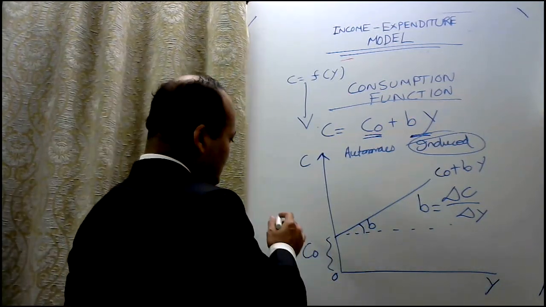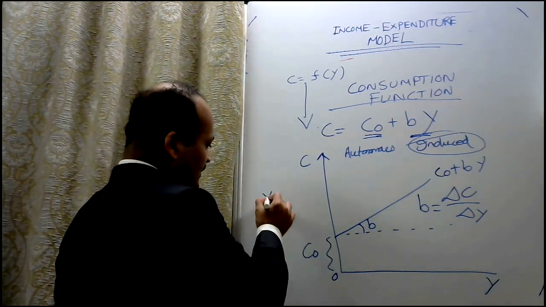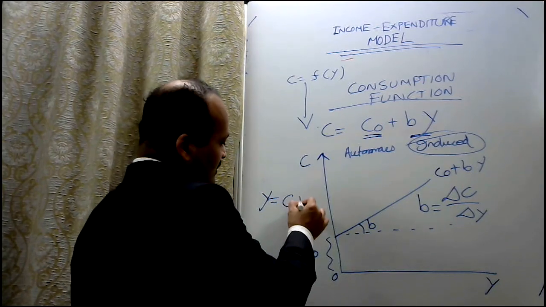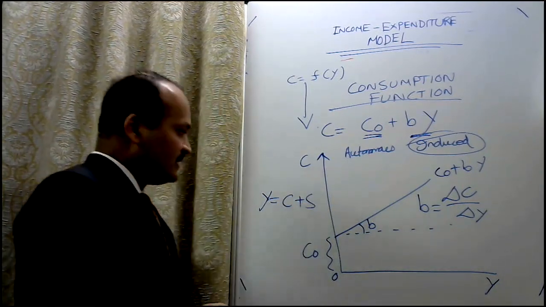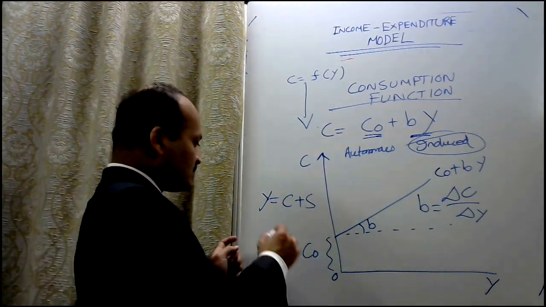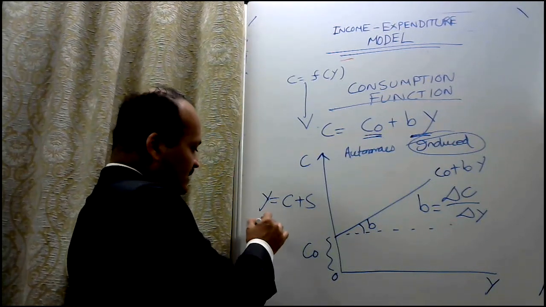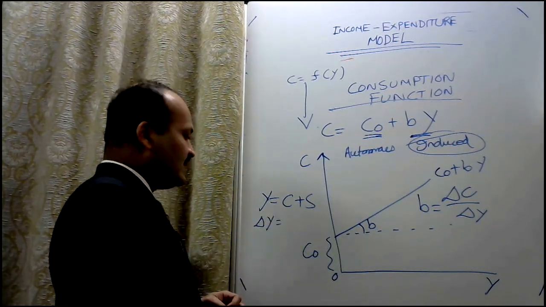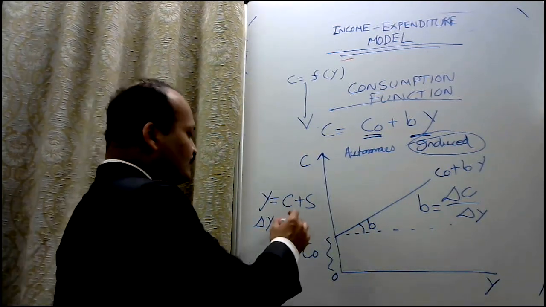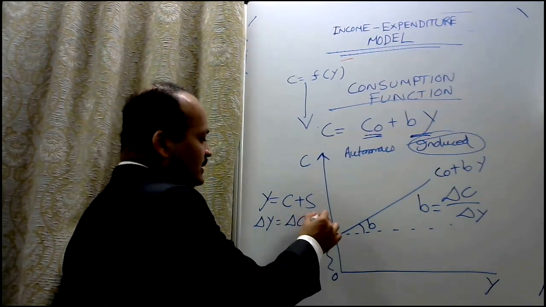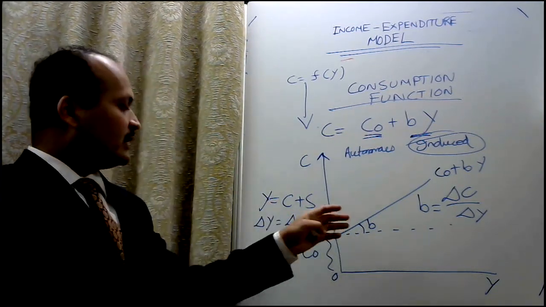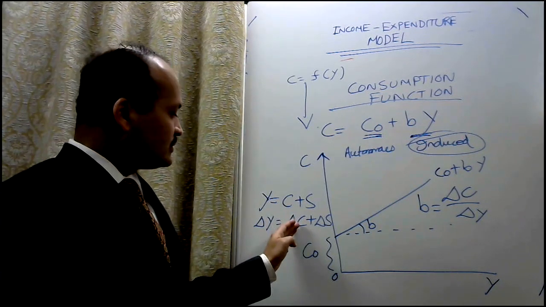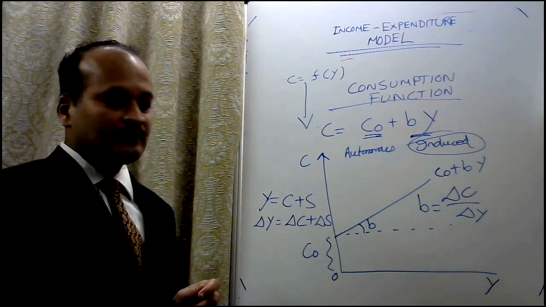So if my total income can be disposed of either in consumption or in savings, then when a change in income takes place by del Y, suppose 100 units, this must be allocated to either a change in consumption or a change in savings.